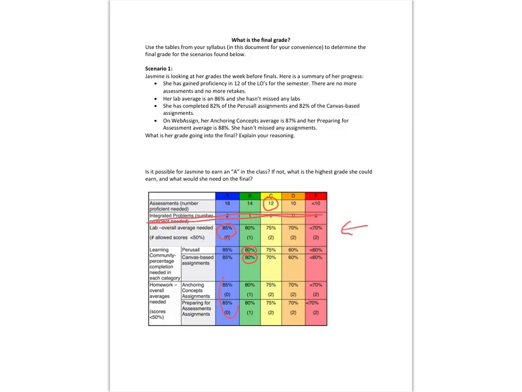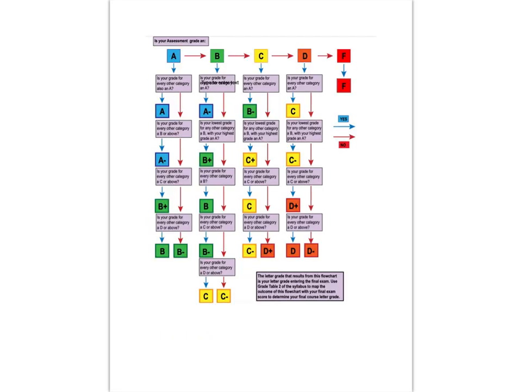So those are both at the A level. So we just want to remember this going to the next page, that her assessments put her at the C level, and then other than that, her lowest grade for anything else is a B. So let's move on to the flow chart.